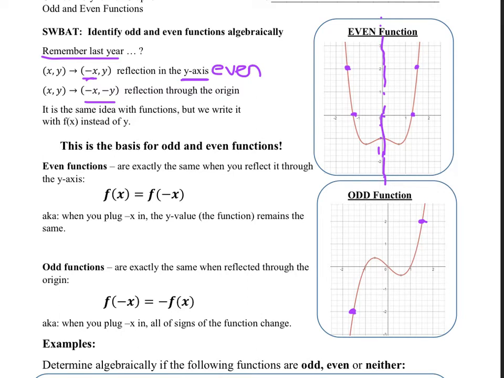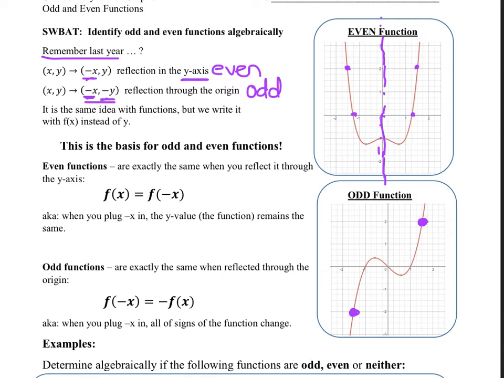So if you change the sign of x, you also change the sign of y to reflect something through the origin. So if something is symmetric through the origin, meaning this point here becomes this point here and vice versa, they just switch spots and it's the exact same function, that is an odd function.